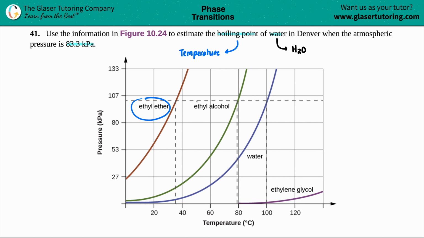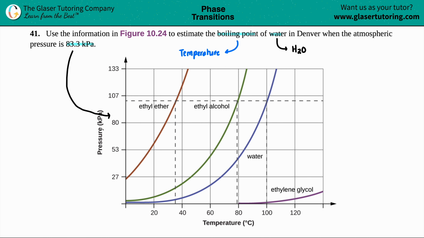So out of these four graphs, we only care about the water one, and the water one is this line right here. So we're just going to focus on the blue line. Now they told us that we had 83.3 kilopascals. So I'm going to look somewhere around here to find 83.3 kilopascals.